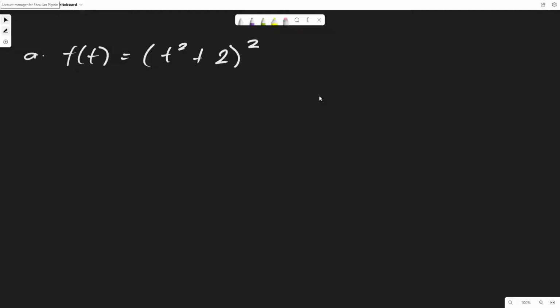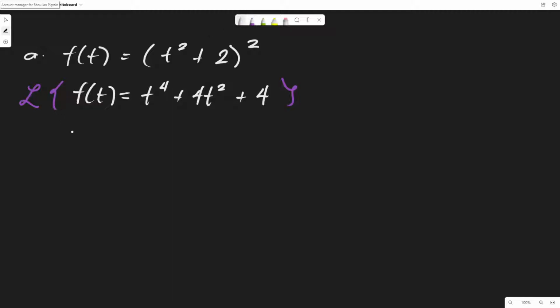Sa Laplace walang ganon, so we really need to expand. Pag in-expand natin 'to, we have t to the fourth plus 4t squared plus 4. Then ito yung kukunin natin yung Laplace transform.